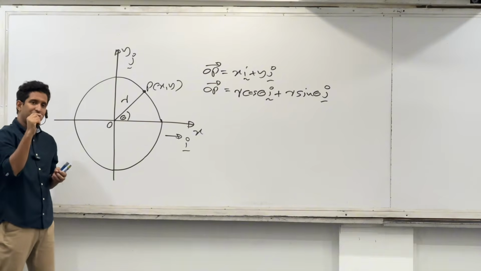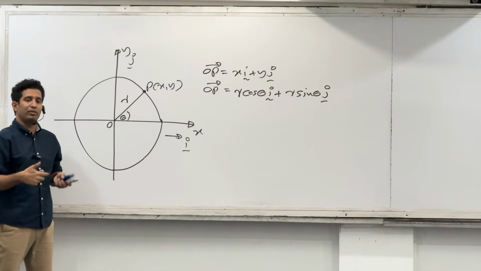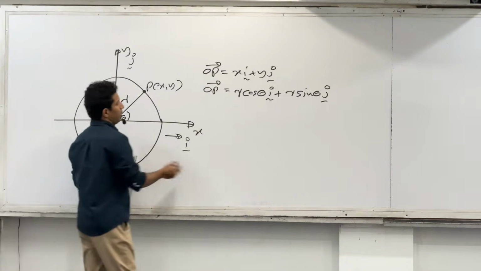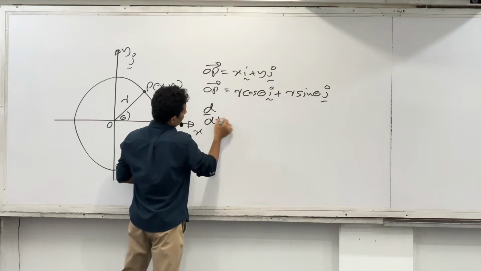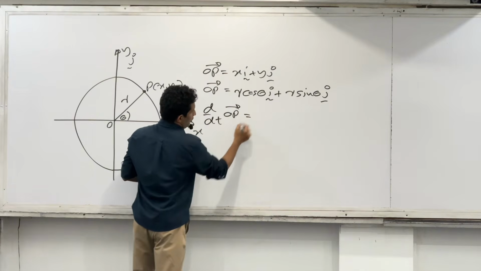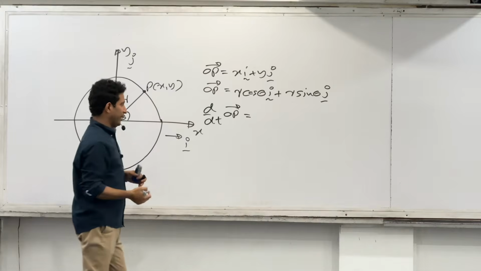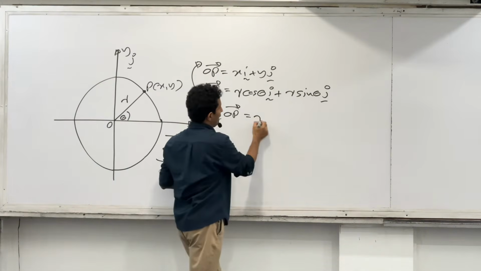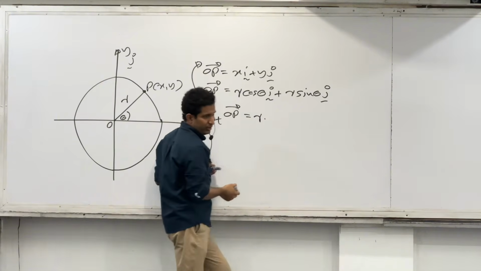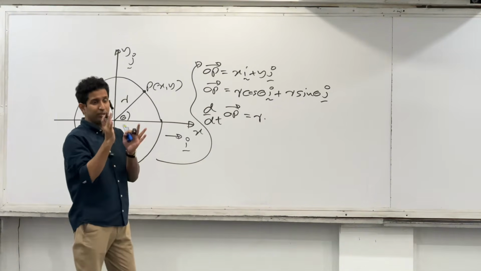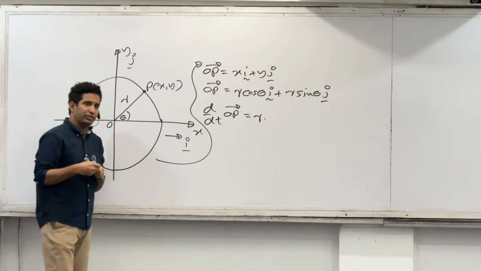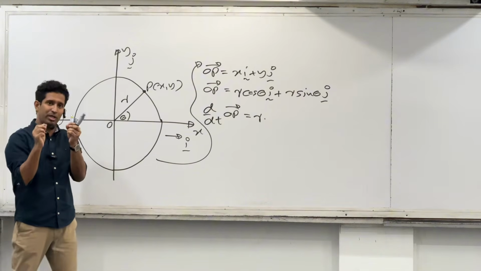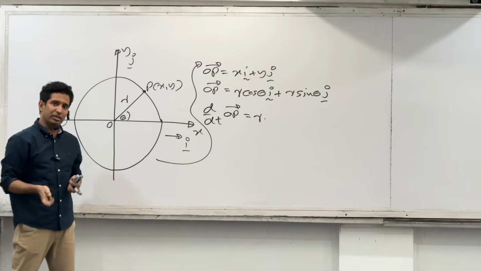You know that normally when we differentiate displacement, you will get the velocity. See, d over dt of OP. When you differentiate this with respect to time, here r times, when you differentiate cos theta, you know that it is minus sin theta times theta dot, because cos theta is a function of a function.